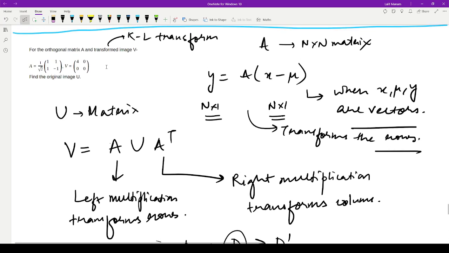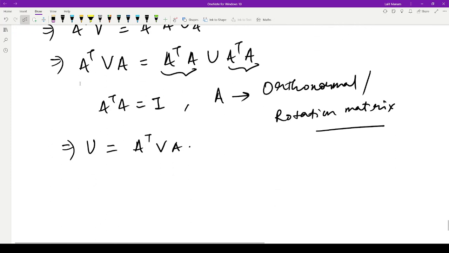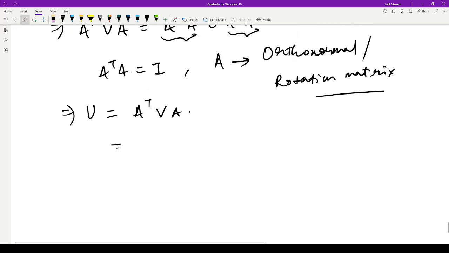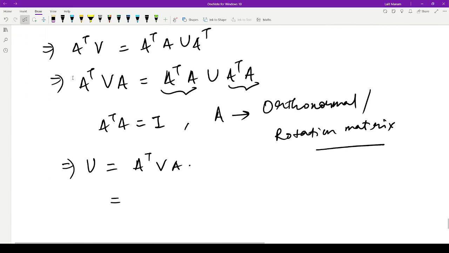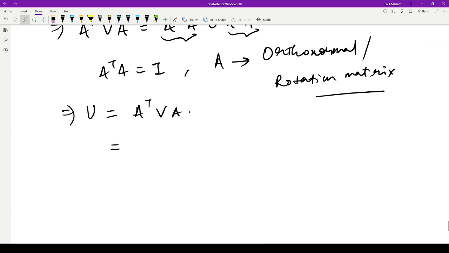Now you are given V and A. You have to just find U. I think this is just matrix multiplication. Just place the values and you can get it. So it is 1 by root 2 times the matrix.